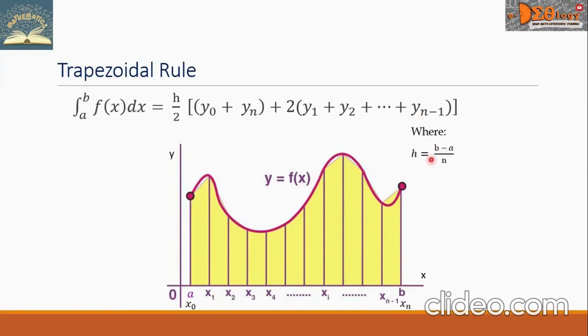In this formula, h, or the equal width, is equal to b minus a over n, while n is the number of equal parts or the number of trapezoids between a and b.